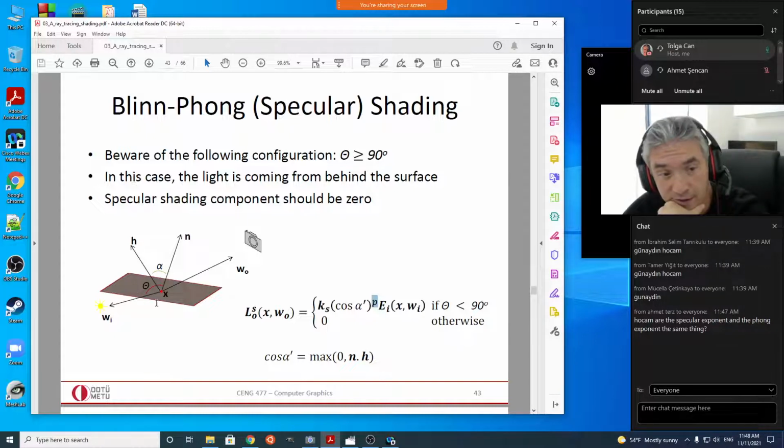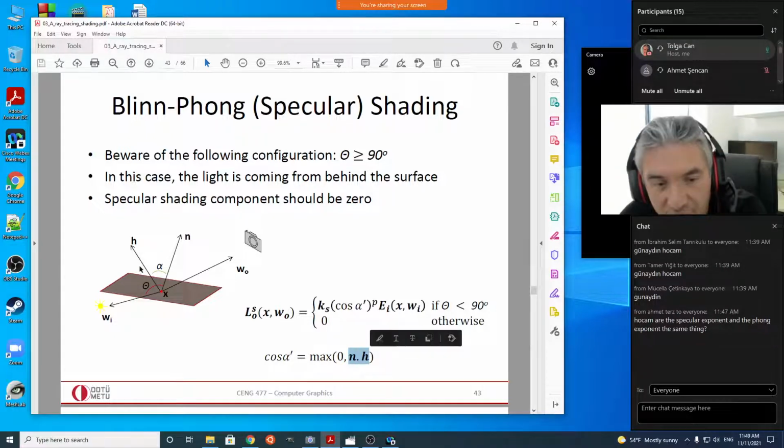Specular reflection will only, just like diffuse, if we need to check whether this angle, the dot product, is positive. If the dot product is negative, we should actually just use 0 specular reflection at that point. So, sorry. We need to check whether the dot product of the normal vector and the half vector is larger than 0, is a positive number.